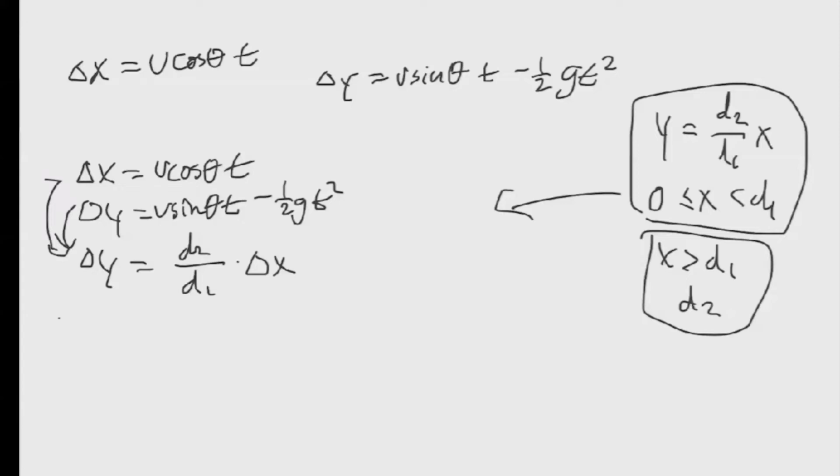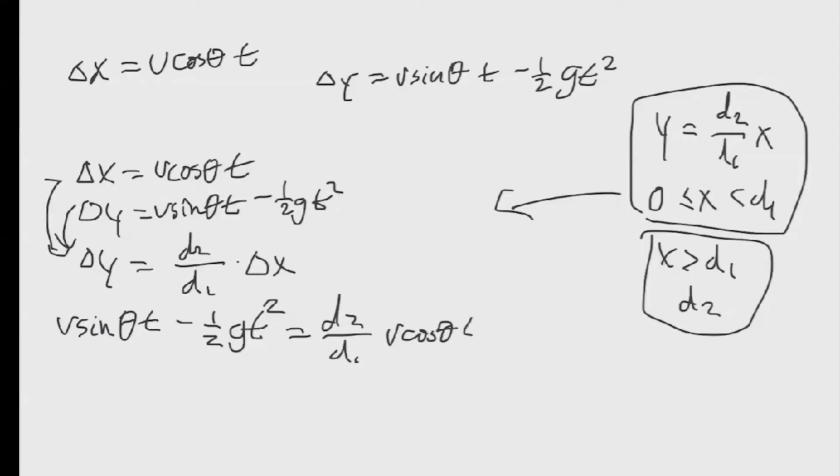So we get v sine theta times t minus 1/2 g t squared is equal to d2 over d1 times v cosine theta times t. So now we have a factor of t we can cancel out.